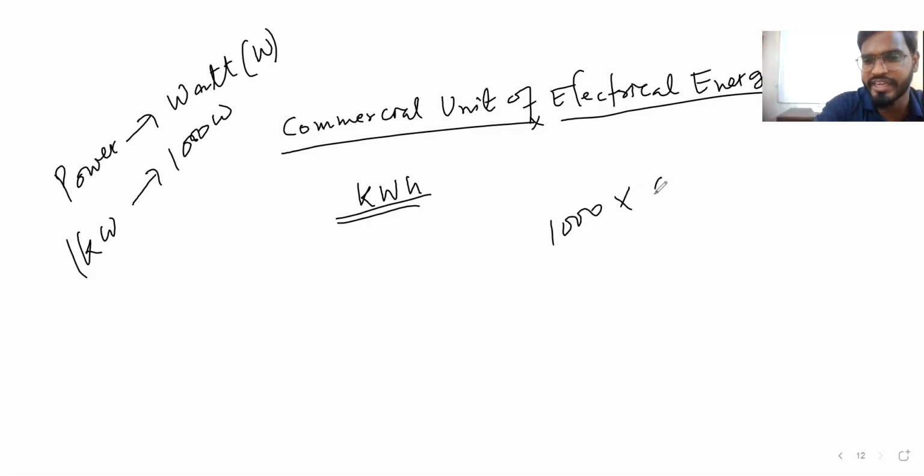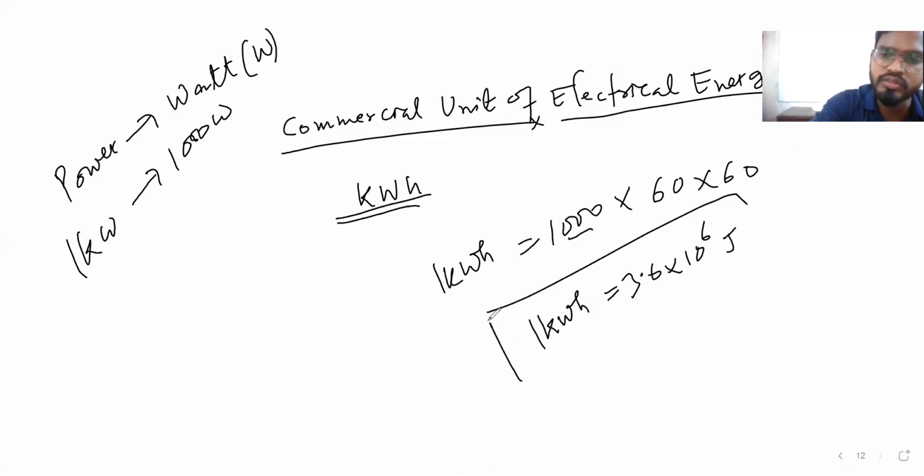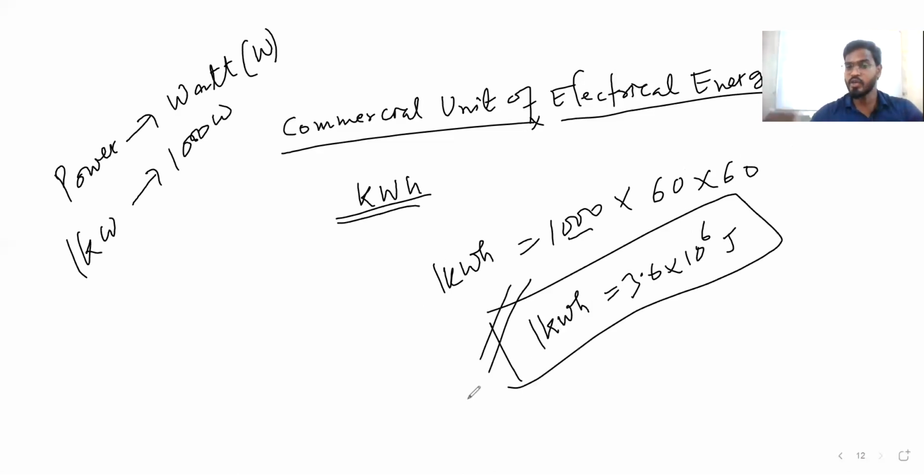Hour should be in what? Second. 1 hour is 60 minutes, right? So that is 1 kilowatt hour. If you calculate in joule, then you can write 3.6 into 10 to the power of 6 joule. So 1 kilowatt hour is equal to this much of energy. When we are using 1 kilowatt hour, then 1 unit comes.